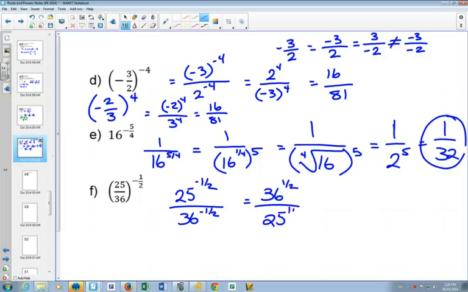Then change them to positives. The power of 1/2 is the same as the square root. Square root of 36 is 6. Square root of 25 is 5.